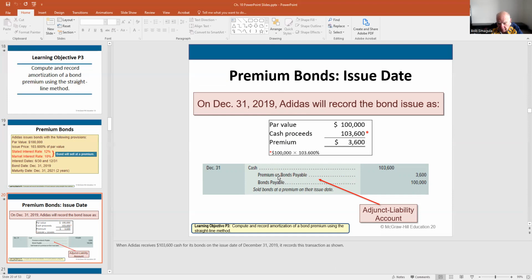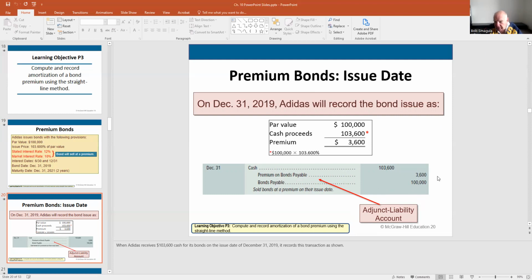We're going to credit a liability account called premium on bonds payable, and we're going to credit the bond payable for $100,000. The bond payable will always be carried at $100,000, okay? And that number does not change until the bond matures.